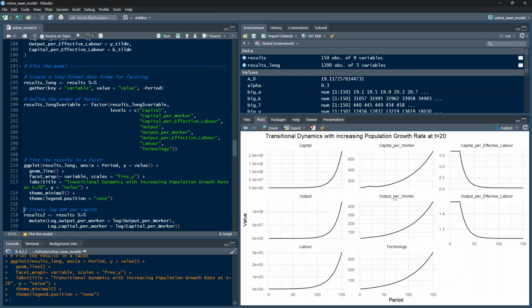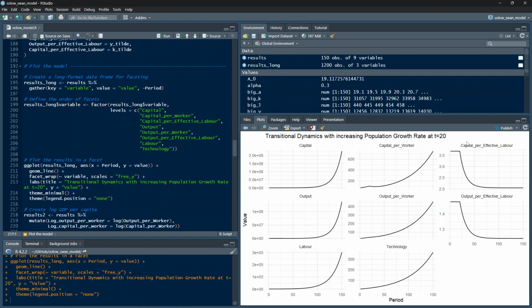But then we see here capital per worker and, if you look very hard, output per worker have this slight dip that happens around the t equals 20 mark. They don't increase as exponentially as they did before. They slow down a bit, but then get back to this exponential growth. And it's the same for output, even though it's less pronounced.